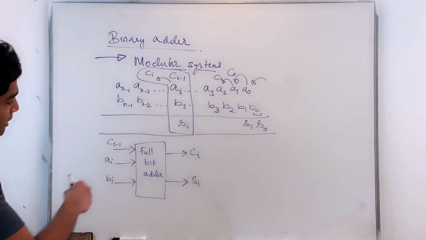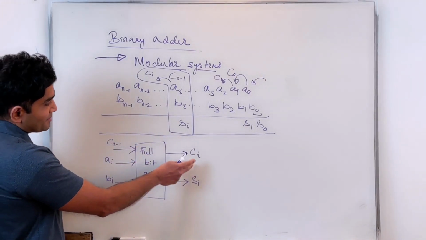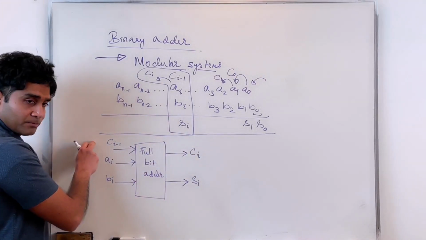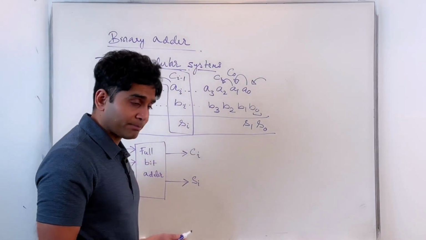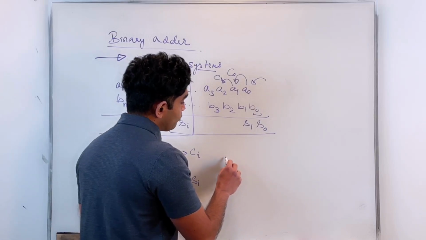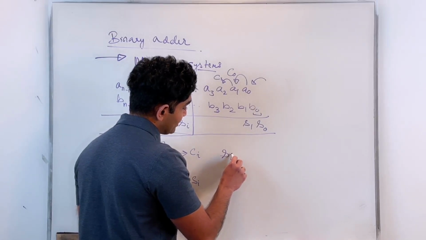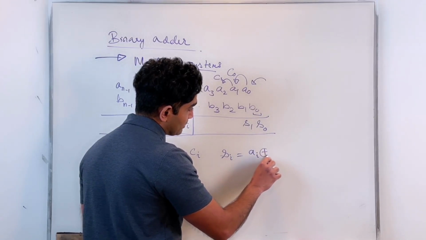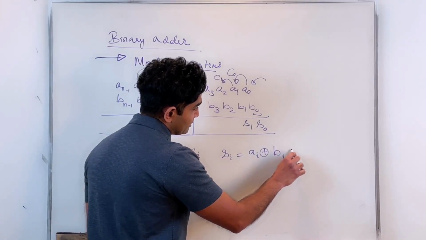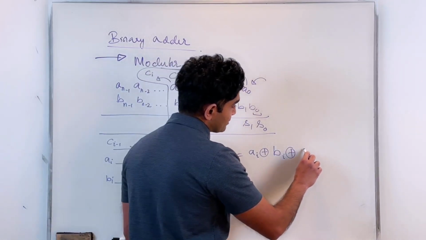Now, I know the relationship between SI, CI, and my inputs, and we have built that. We have actually done the K-map, and then we have realized what my SI should be. We have seen that SI should be AI exclusive OR BI exclusive OR CI minus 1.